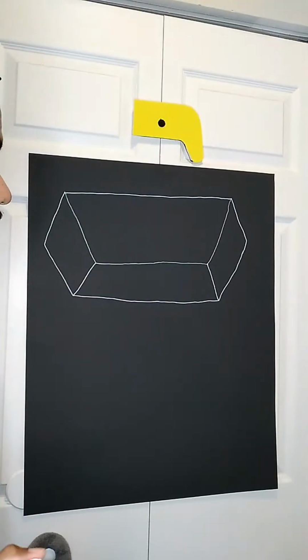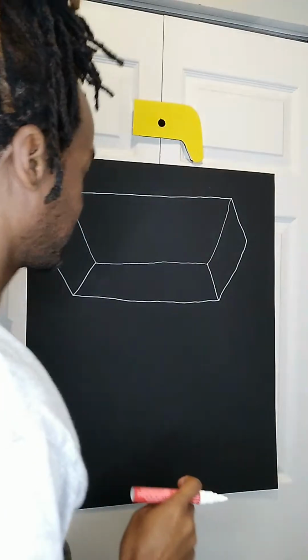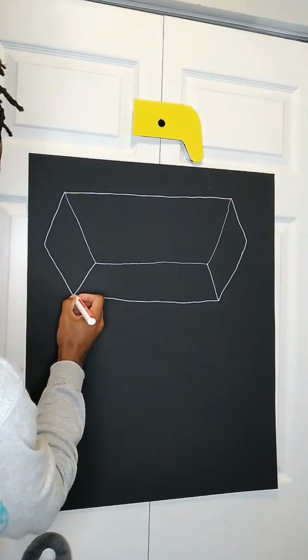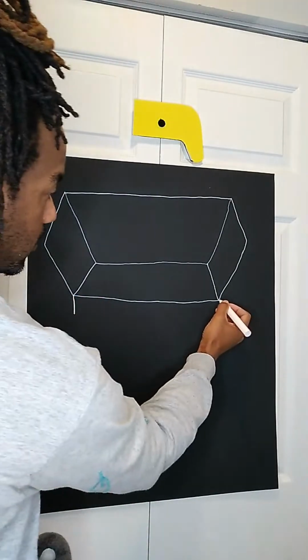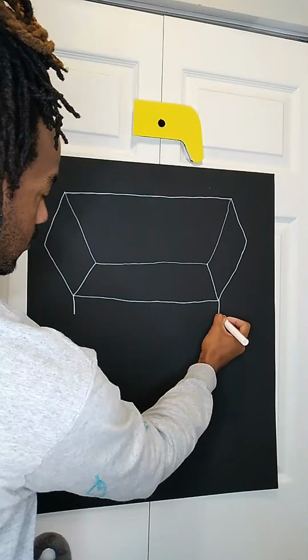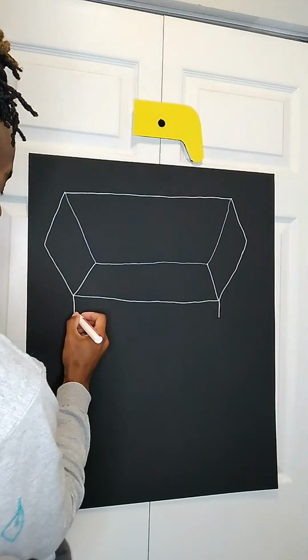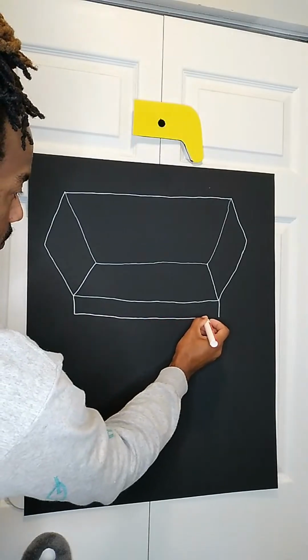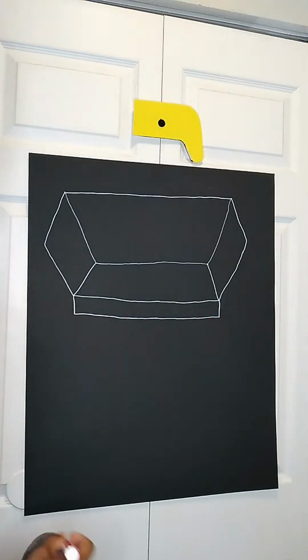So now we have, it looks like a rectangle. That's what it really looks like. And I think it's cool because in this space, you can put whatever you want to, because it's potential.